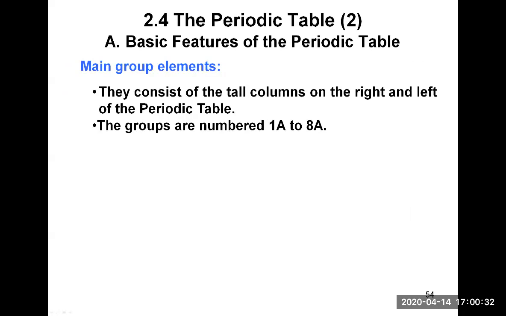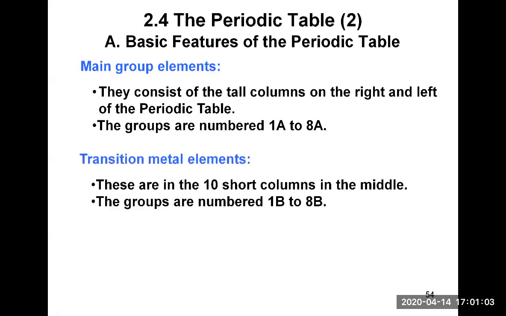Some periodic tables do not have this numbering with the letter A, but this is how I will identify those groups. I will identify them as group 1A, 2A, and then on the right side it will be 3A to 8A. So make sure you look at a periodic table that has this kind of numbering.